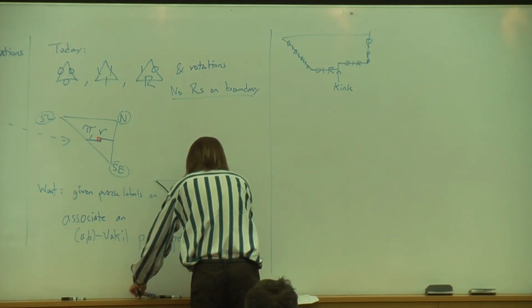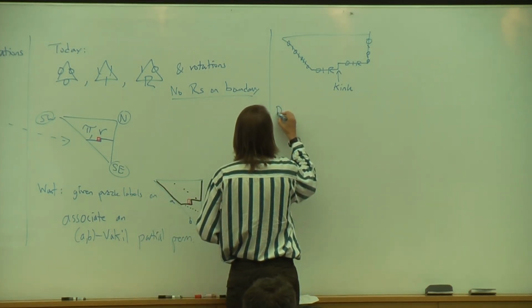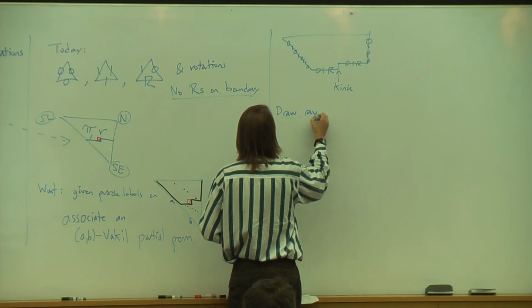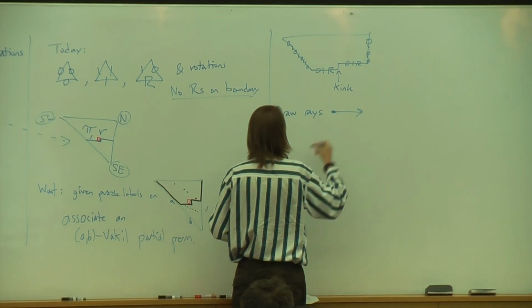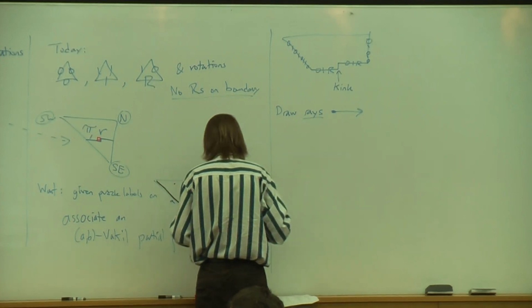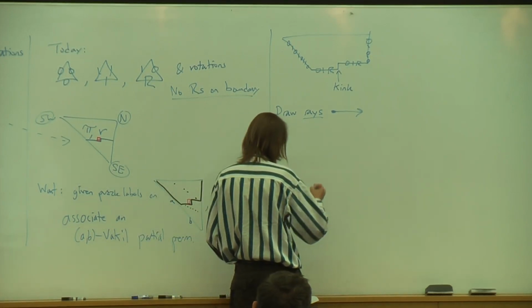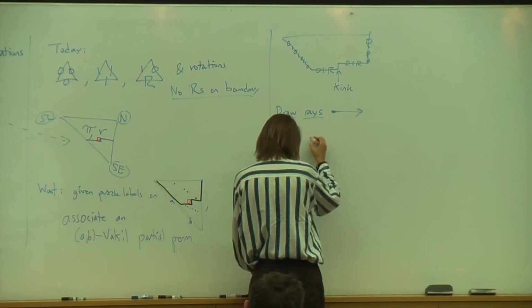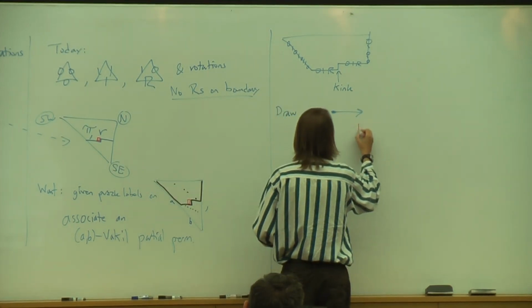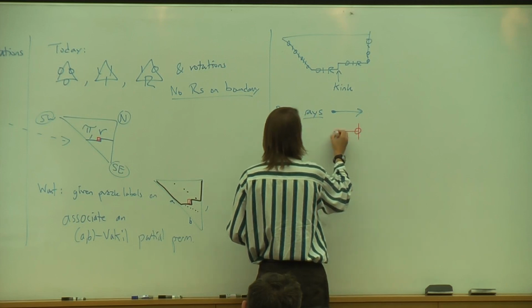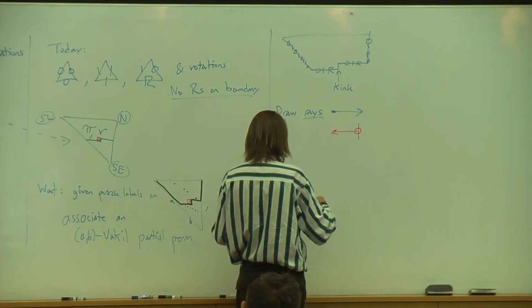And the rule is, I'm going to draw rays, so a ray is something like that, and I'll make them red. For each zero on the right, there should be a ray like this.